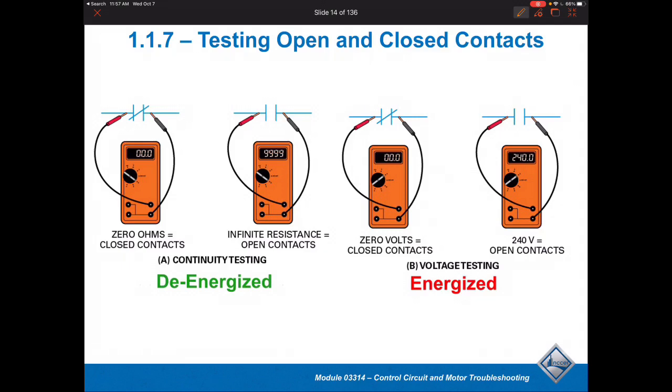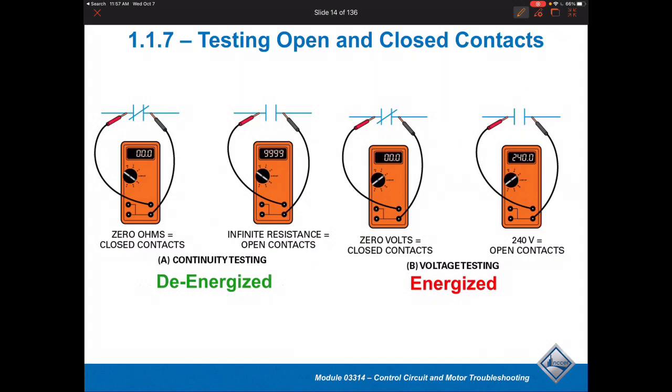Let's talk about checking switching, contactors, relays, and some of the circuitry. So typically there are two trains of thought. One of them is, if I need to test a circuit that does not have power and is isolated, checking resistance is sufficient and adequate.